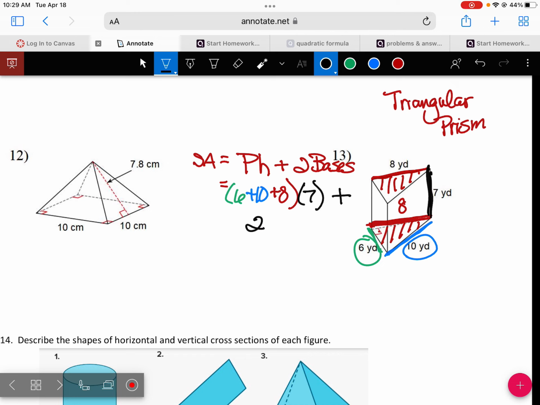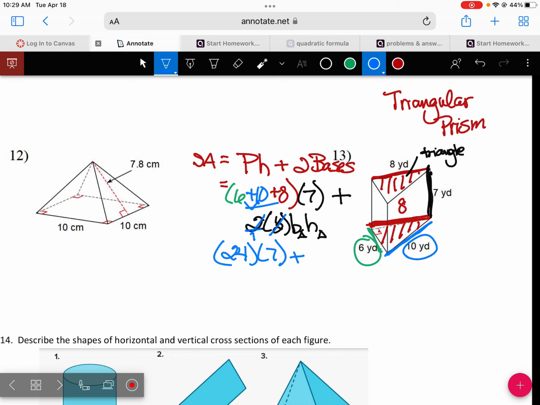Plus 2 times the base, which is a triangle, so it is 1/2 times the base of the triangle times the height of the triangle. So let's simplify this a little. 6 plus 10 is 16 plus 8 is 24 times 7 plus half of 2, that's going to simplify out.